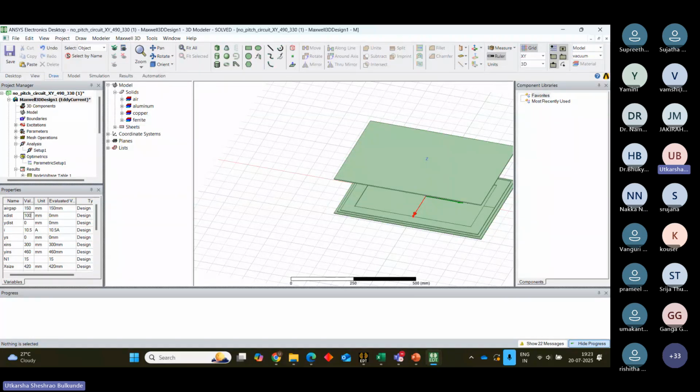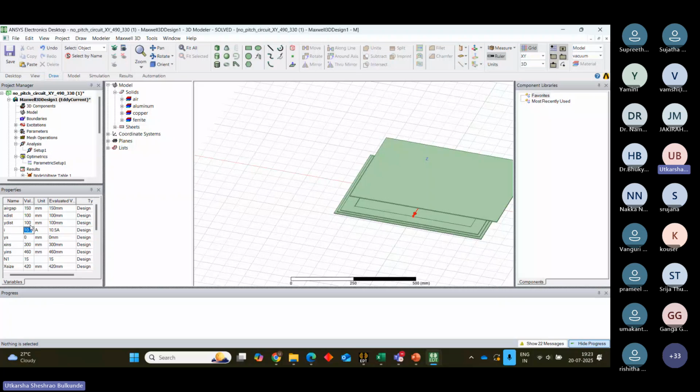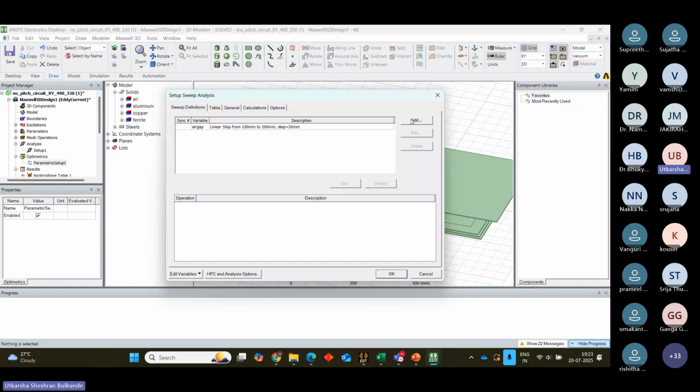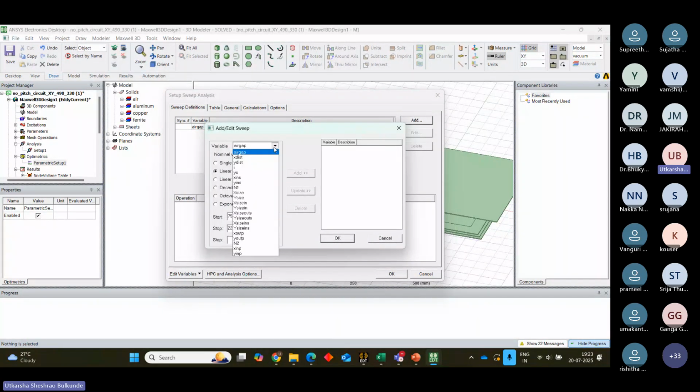If I change it, you will see that my receiver coil is displaced in the x direction. Similarly, if I change my y distance, it is displaced in the y direction. In Optimetrics, you have to select that as your parameter. Instead of air gap, you can select x distance and y distance as your parameter, and through this you can analyze the misalignment.